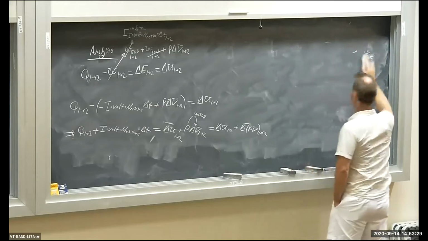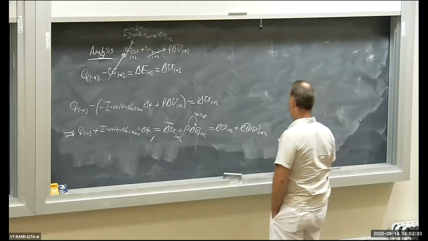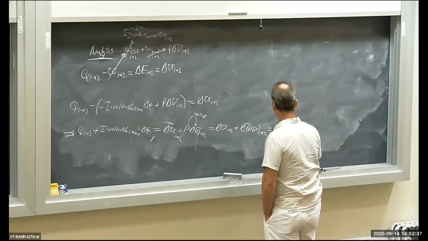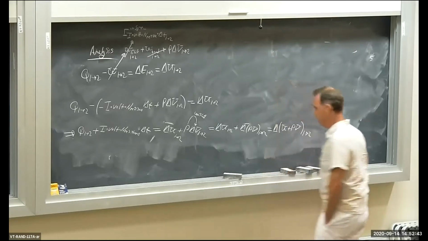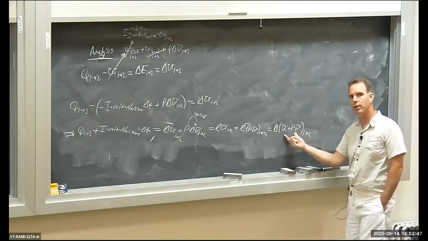Both terms on the right are over the process 1 to 2, so I can rewrite this as delta U plus PV, 1 to 2. U plus PV, hopefully this rings some bells here.